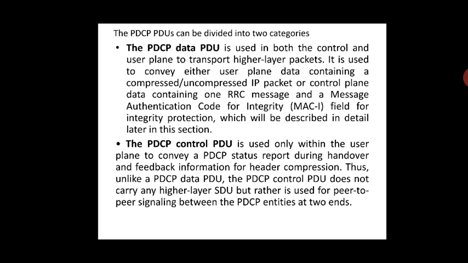Similarly, the control PDU is mainly used within the user plane to convey PDCP status reports, delivery reports during handover, and feedback information for the header compression, since it is peer-to-peer signaling between PDCP entities at the two ends.